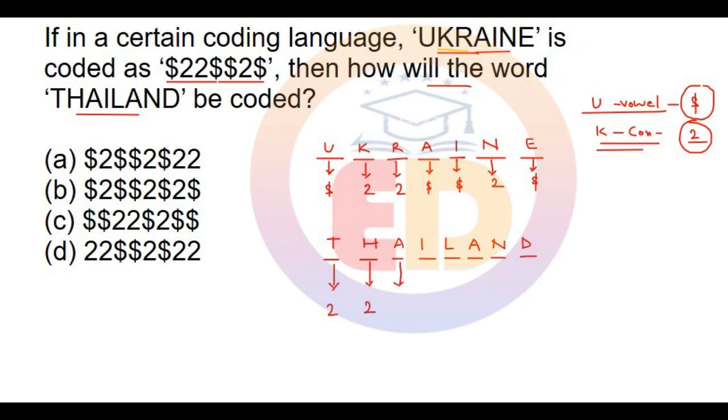A is a vowel coded as $. I is a vowel coded as $. L is a consonant coded as 2. A is a vowel coded as $. N is a consonant coded as 2. D is a consonant coded as 2. So my answer is 22$$2$22. Answer will be option number D.